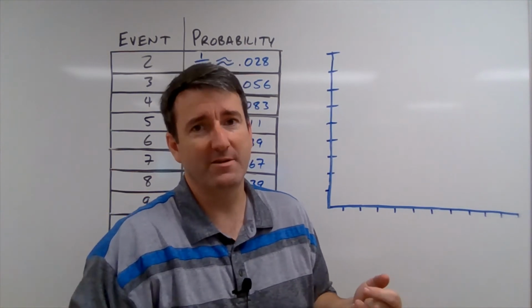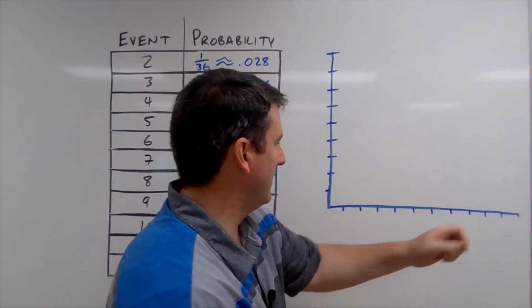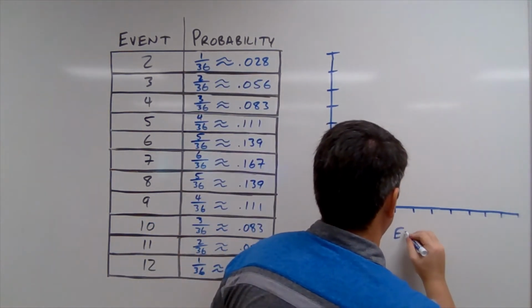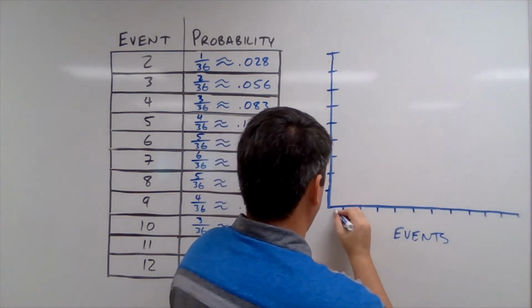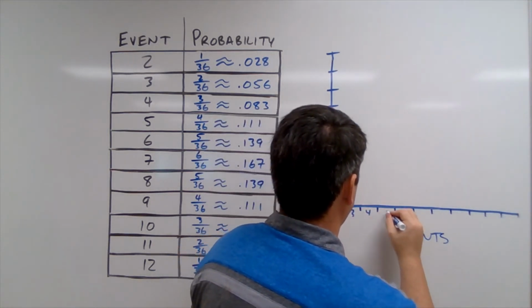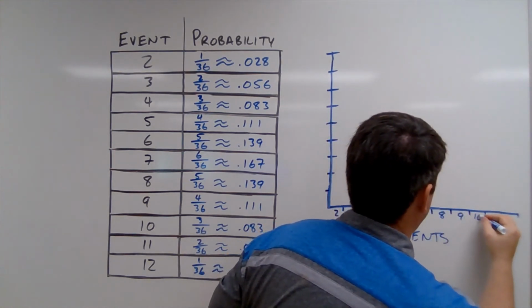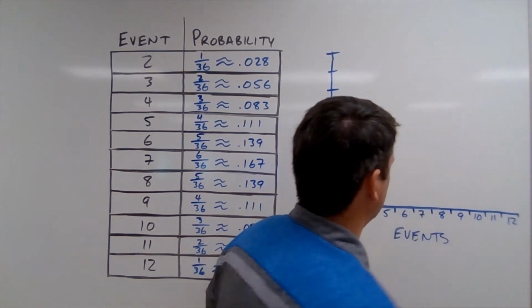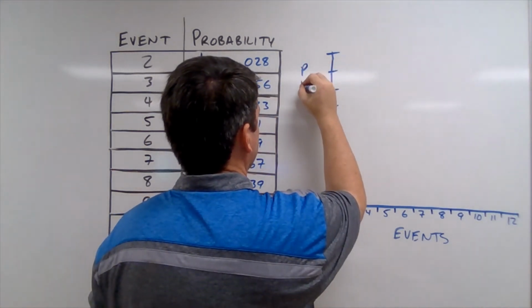Now let's make a histogram to visually show this probability distribution. So along the bottom, we're going to have events. And the events were 2, 3, 4, 5, 6, 7, 8, 9, 10, 11, 12. And then along this axis, we're going to have probability.